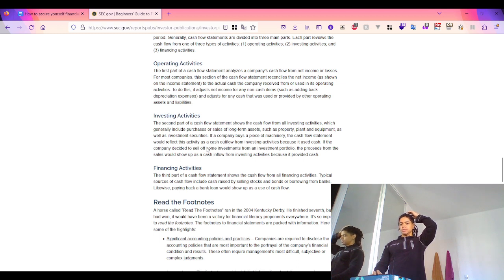So these financing activities involve the company's long-term liabilities, long-term obligations, and equity. Examples of this are issuing equity, issuing stocks, and payments or paybacks to creditors.